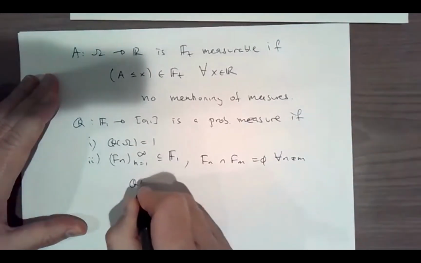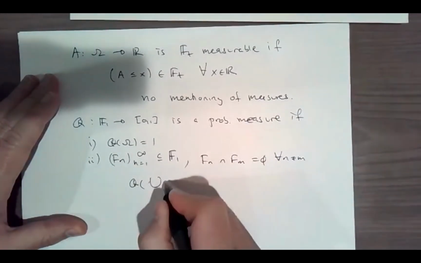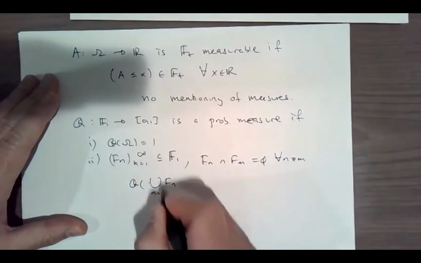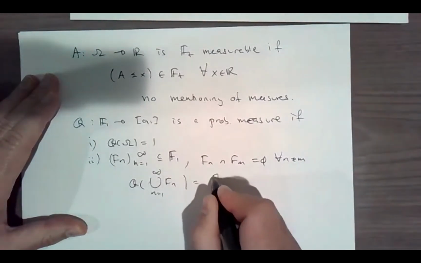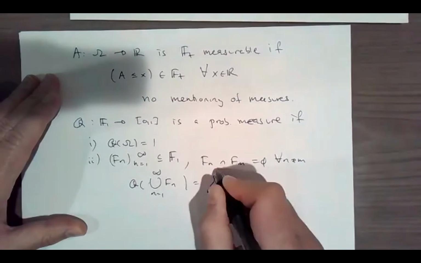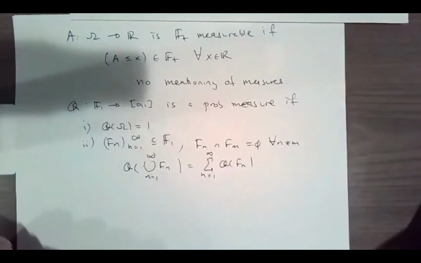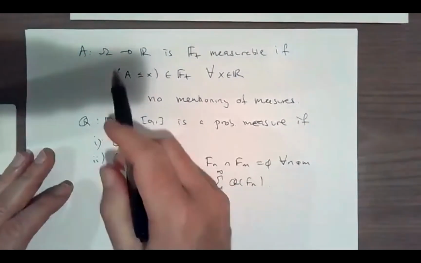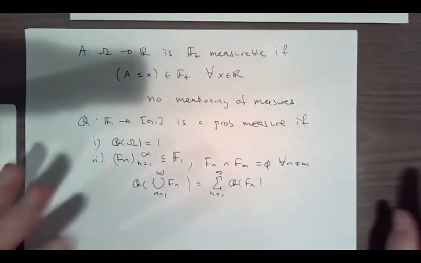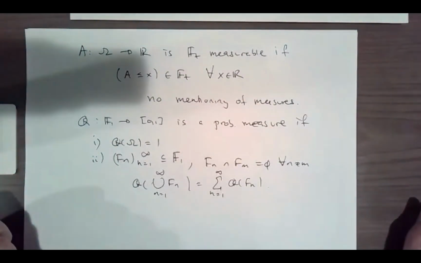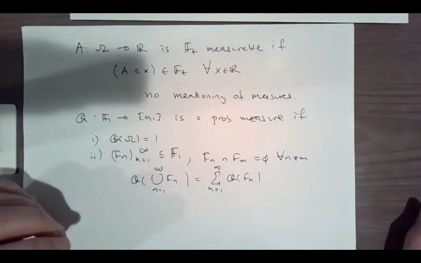And then I need to take Q of the union. This becomes a sum of Q of Fn. But being measurable, a random variable being measurable, has nothing to do with the measures.